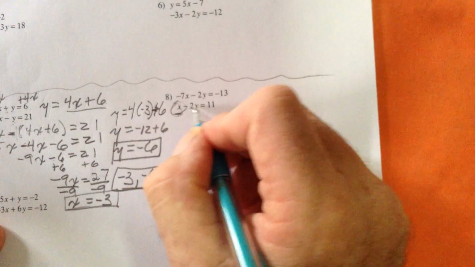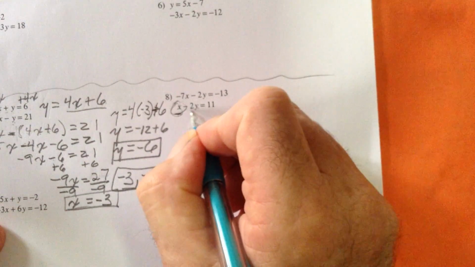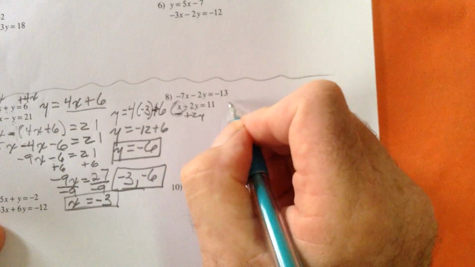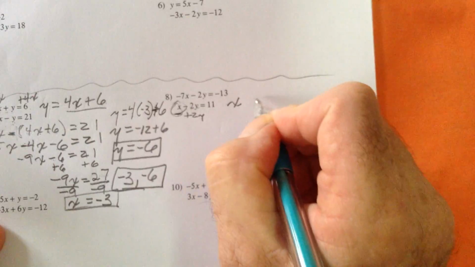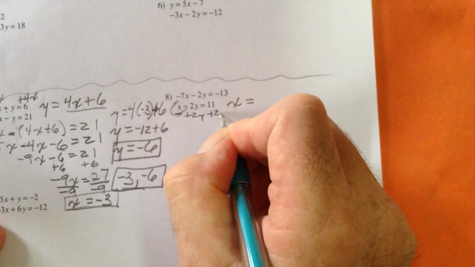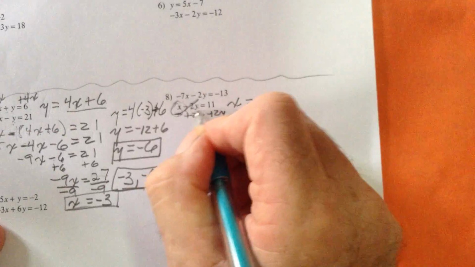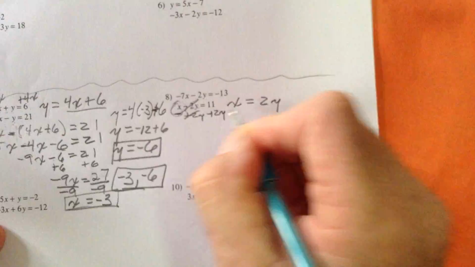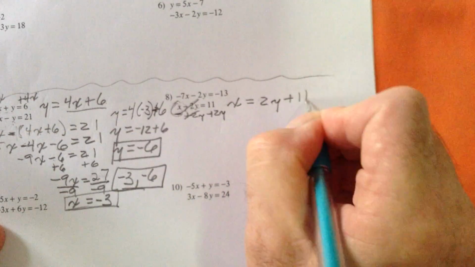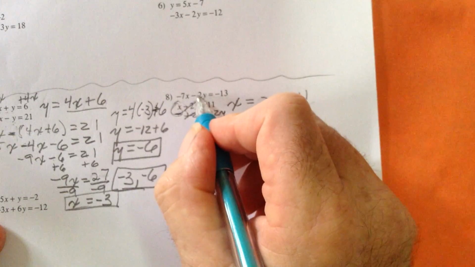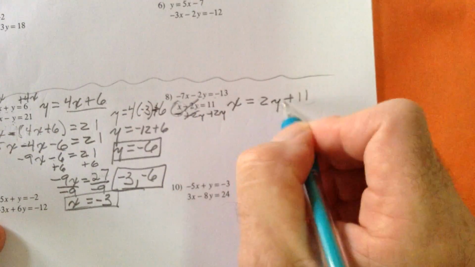So here, the opposite of negative 2y is a positive 2y. And therefore I have x equals, well, I have to add positive 2y over here also. So these cancel, so x equals positive 2y plus 11. Now I can substitute this in for the x and find the y.